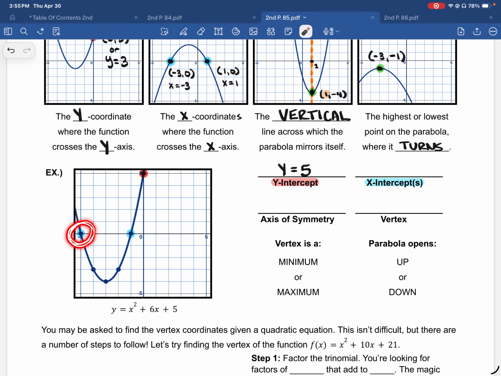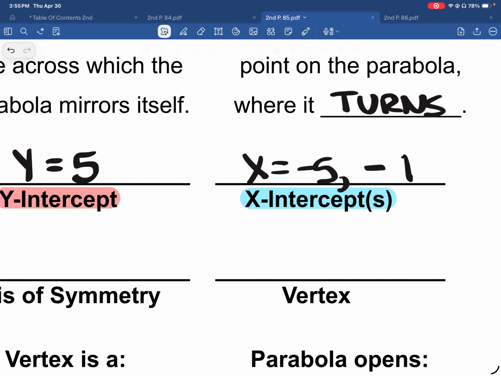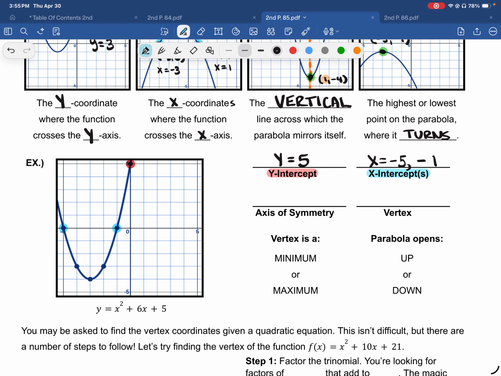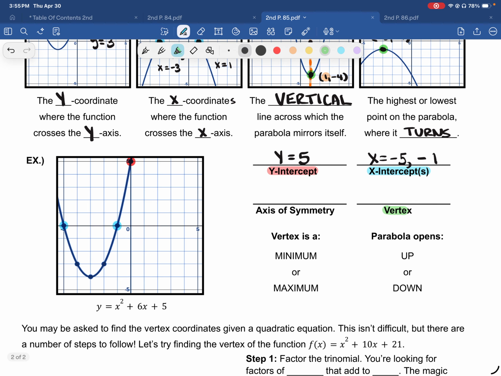This x-intercept is at the ordered pair -5, 0, so just x = -5. This x-intercept is at the ordered pair -1, 0, so x = -1. Write that a little bit clearer. It's -5 and -1.